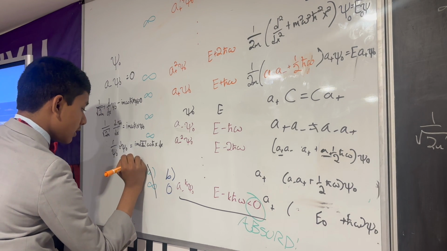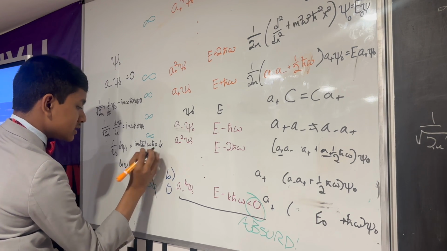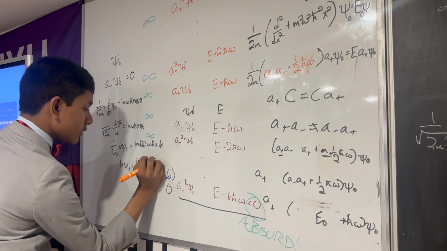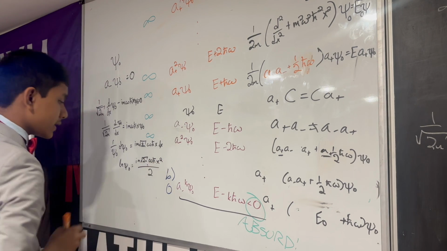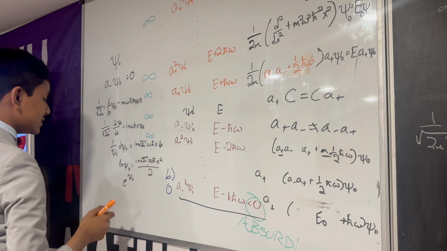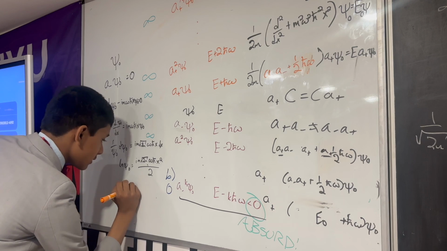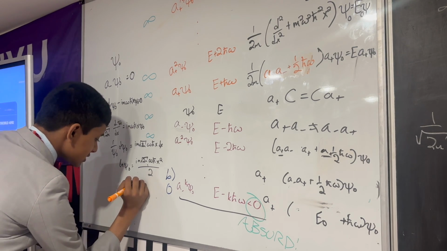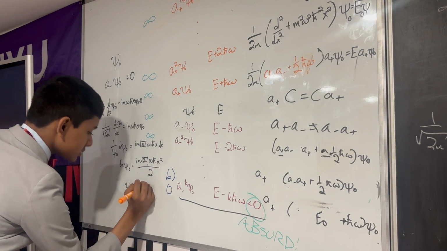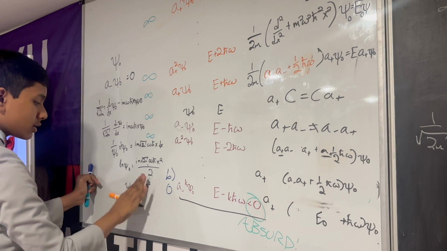And so you raise e to both sides, and you get psi naught is equal to this giant constant, e to the giant constant multiplied by x squared. Or another way to put it would be amplitude multiplied by e to the x squared. This is the ground state.